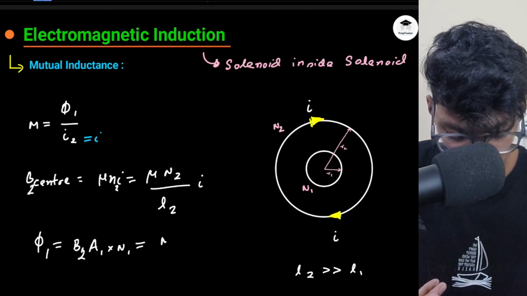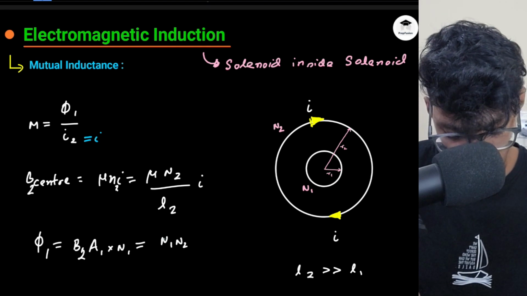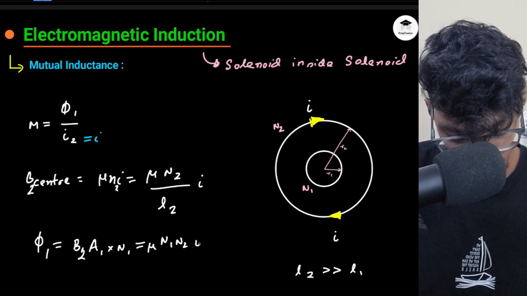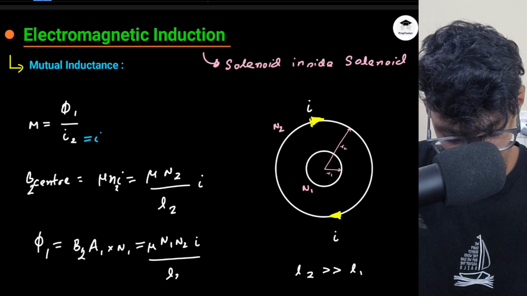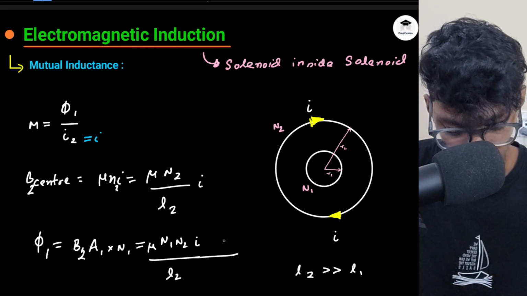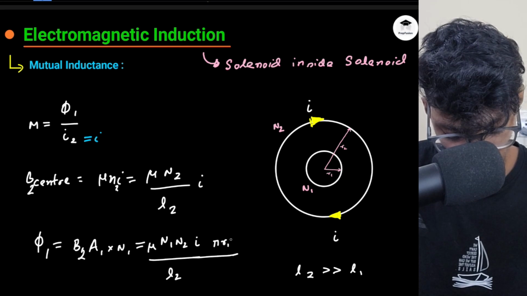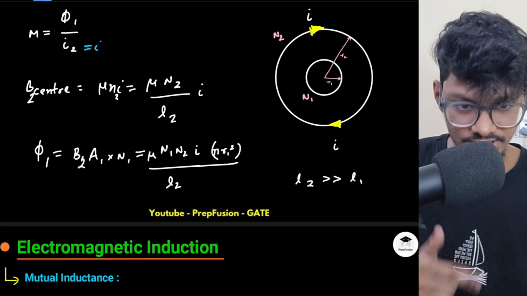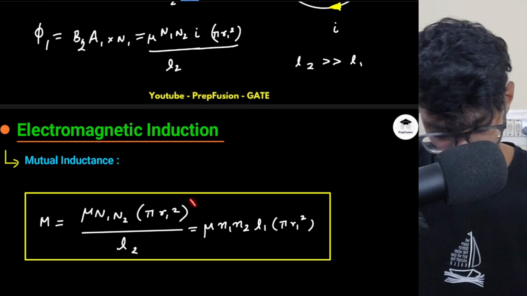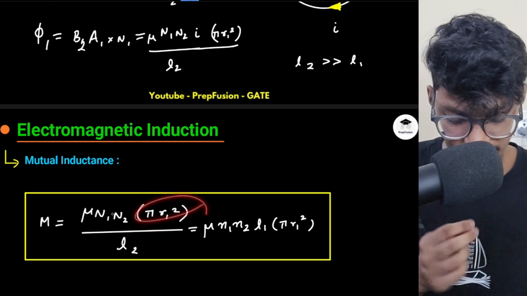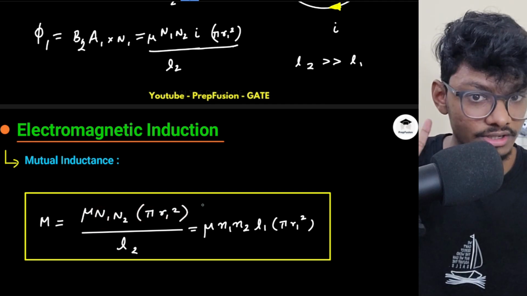So overall this formula will become mu N1 N2 I divided by L2, and obviously the area is there. If the radius is R, then it will be pi R1 squared. The difference is that this will become the area of its own coil, and the number of turns will not get squared.